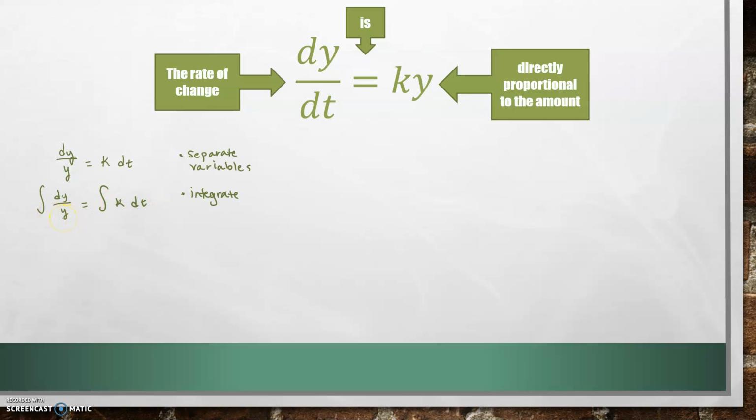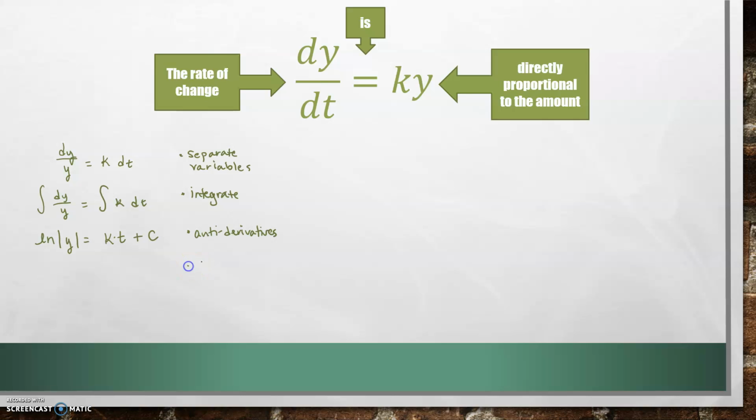So this integral of 1 over y dy would be the natural log of the absolute value of y. And then the other side would be kt plus c. And now I would like to solve this for y, so I get a y equals equation.